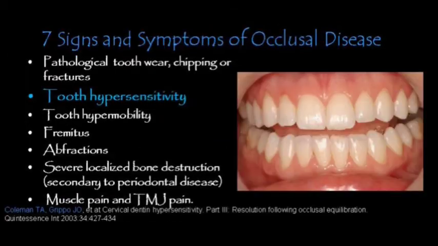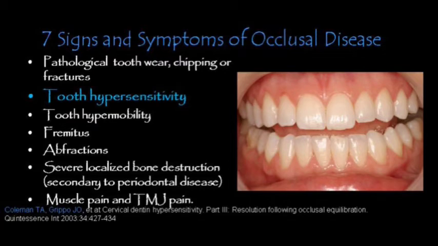The next sign of occlusal disease, and actually it is a symptom, is tooth hypersensitivity. And this is a little bit less well known. Do you know that the great majority of the patients who suffer tooth hypersensitivity have occlusal disease?